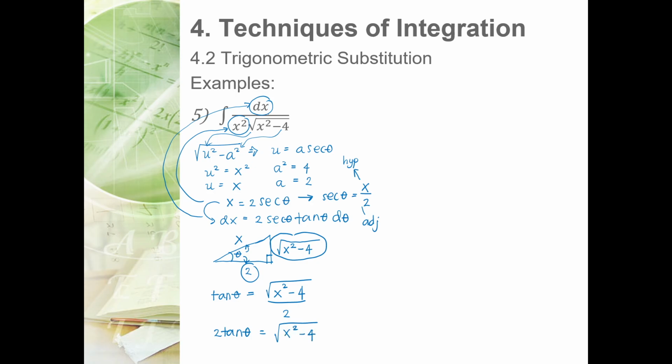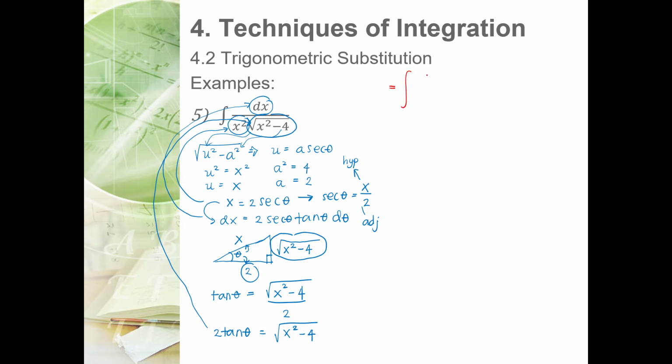So notice that this term here is 2 tangent theta. Once you get the hang of this, it goes faster. Okay, the procedure just repeats, leading up to the integral process.